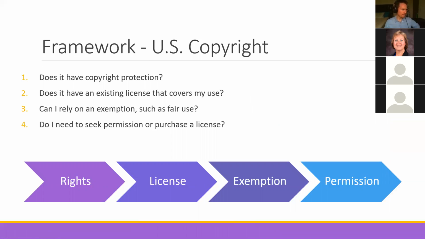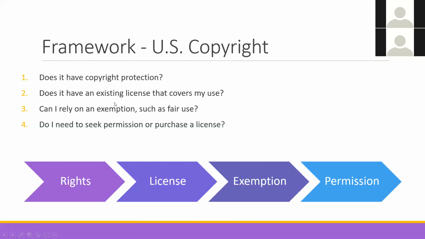The next section, we usually do a whole outline of this. We go through all the steps of what we call the framework for analyzing any sort of U.S. copyright question. The steps are: does it have copyright protection? Does it have an existing license that covers my use? Can I rely on an exception such as fair use?